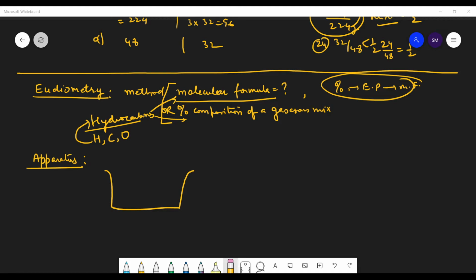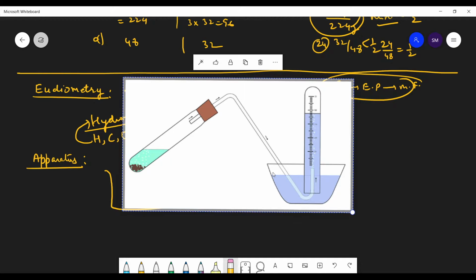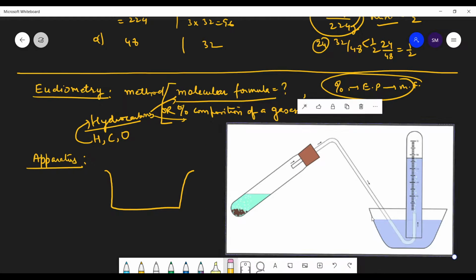Friends, I'm trying to find a figure of this eudiometer for you. So students, that's the figure.